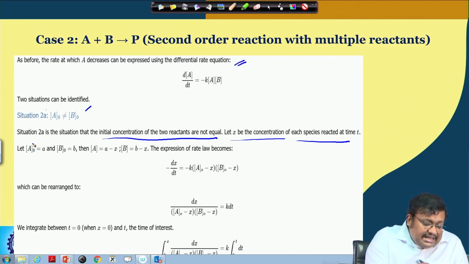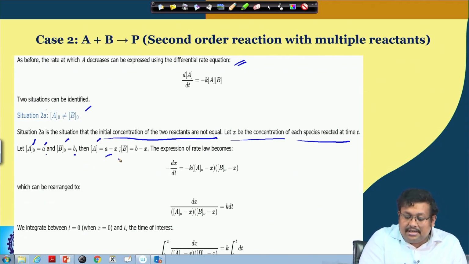Let [A]0 be a and [B]0 be b. Then the concentration of A at a particular time will be a minus x, the initial concentration minus x which has already reacted, and the concentration of B at a particular time will be b minus x, where b is the initial concentration and x is the amount reacted.